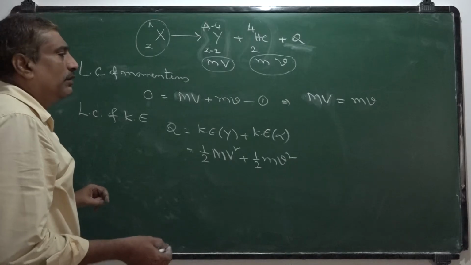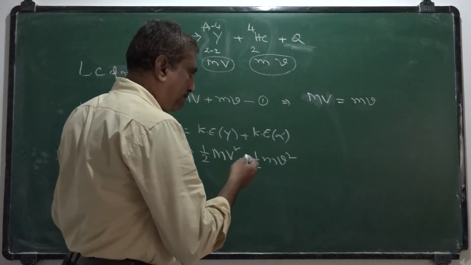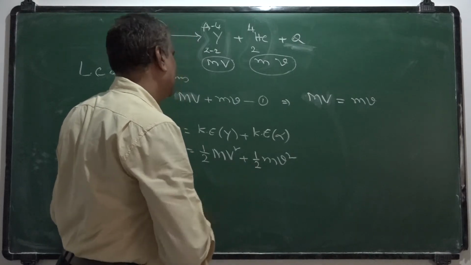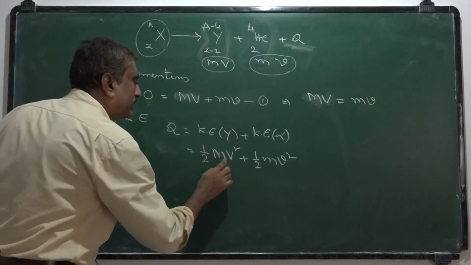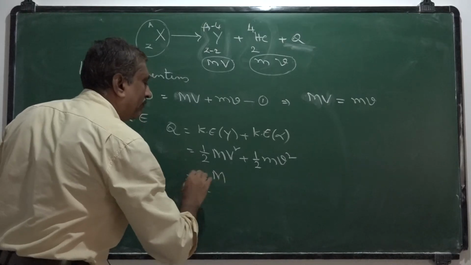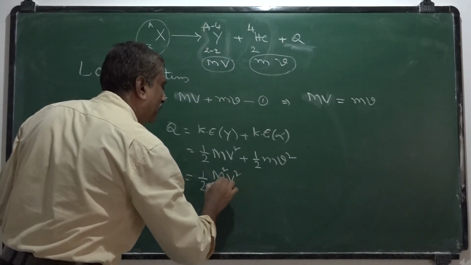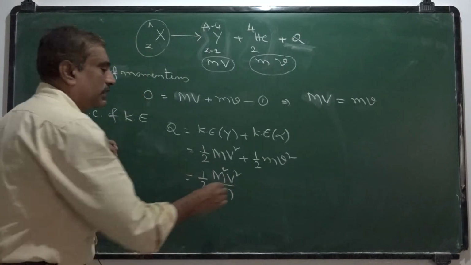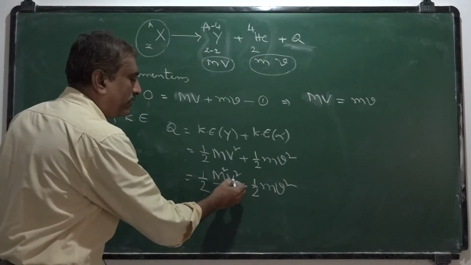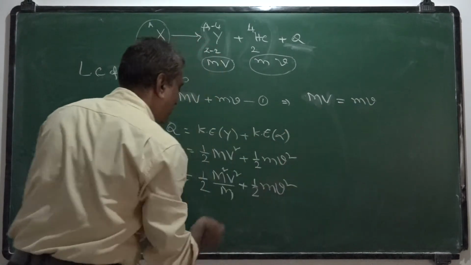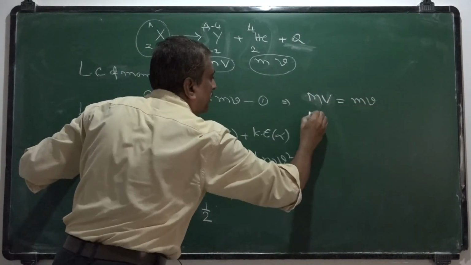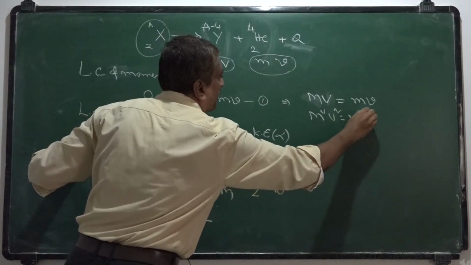Now, writing this equation as half small m square v square by capital M, just rearranging the terms, plus half MV square. But M square V square is equal to small m square small v square.